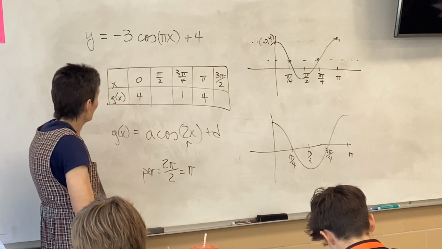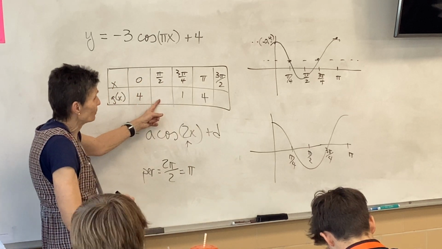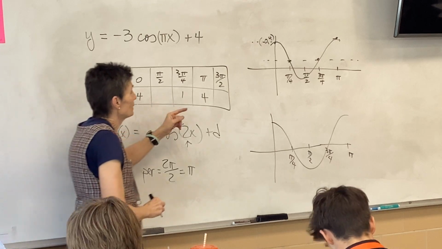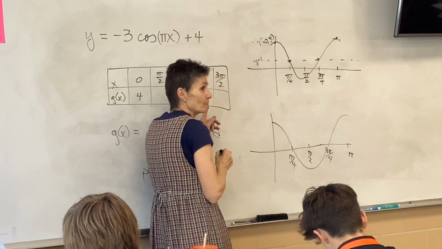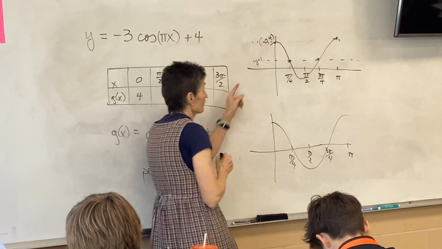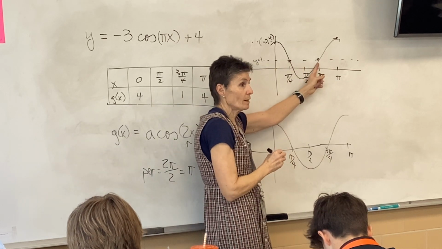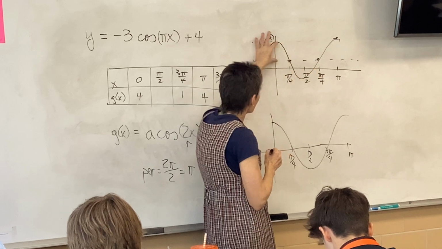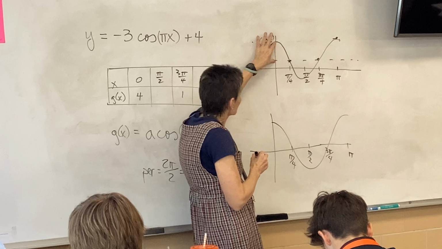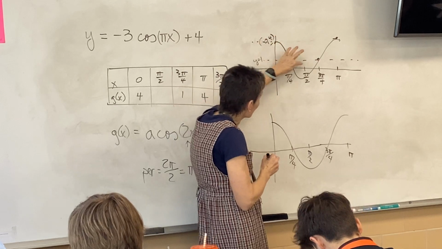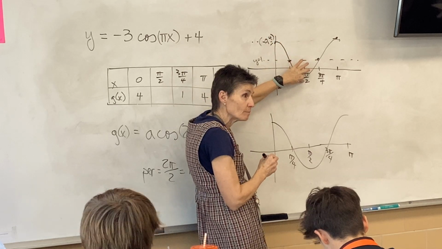So my job was to find what happens at pi over 2. Well, where is that midline? That midline is at 1. That point is at 1. Which means my amplitude is 3. So I went up 3. Aren't I going to go down 3 to get this one?